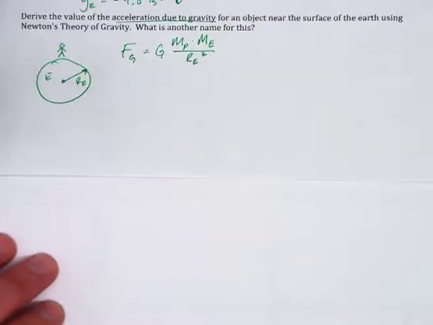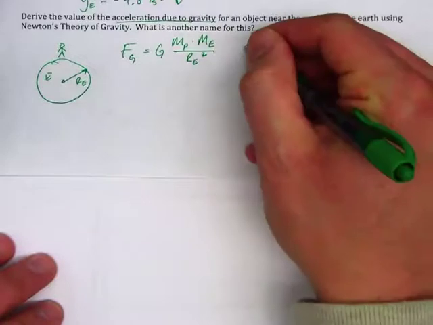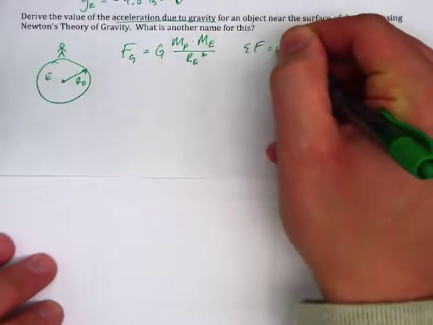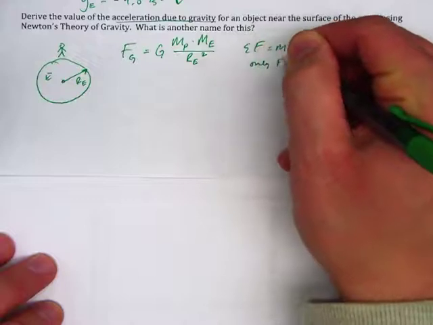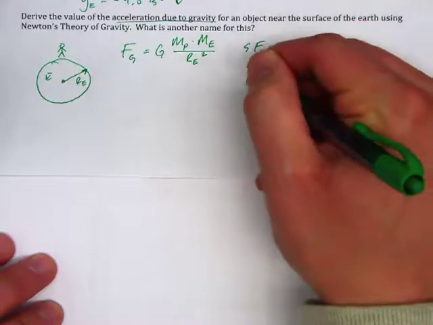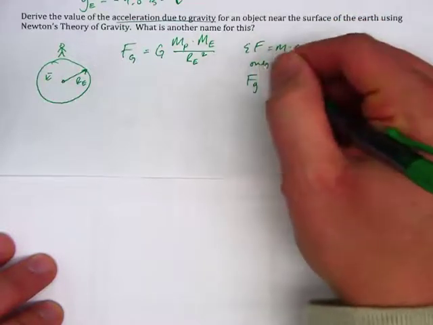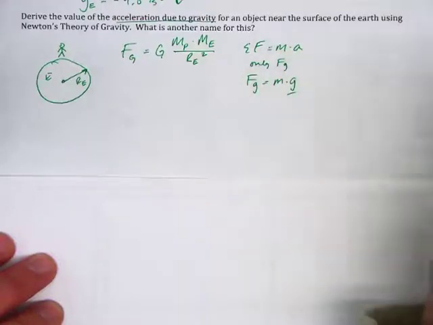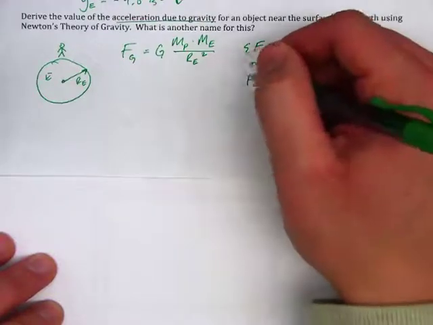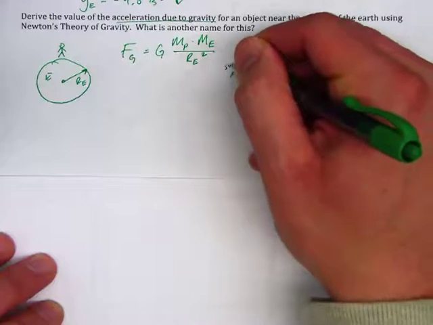Okay? All right, well, we also know from Newton's second law that net force equals mass times acceleration. And when the only force is Fg, the net force is the force of gravity, and that measured acceleration is little g. So what I'm going to do here is substitute this in for Fg.